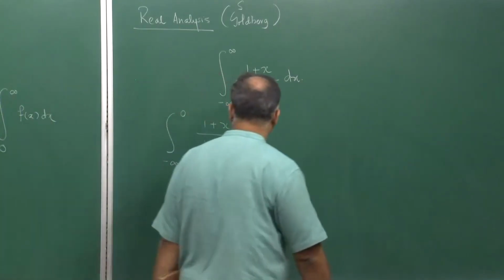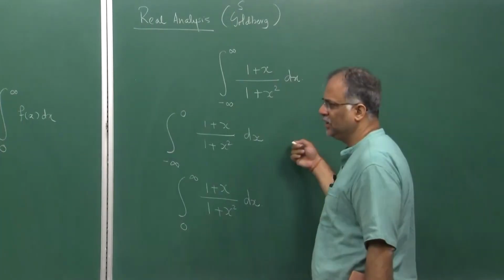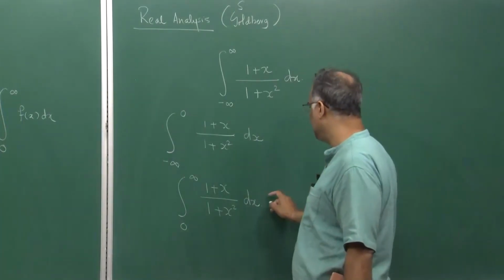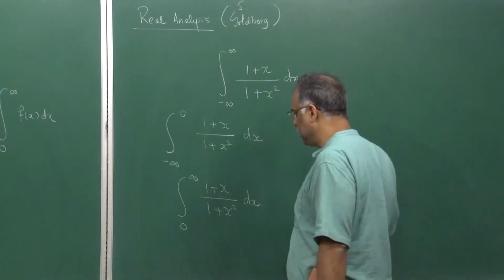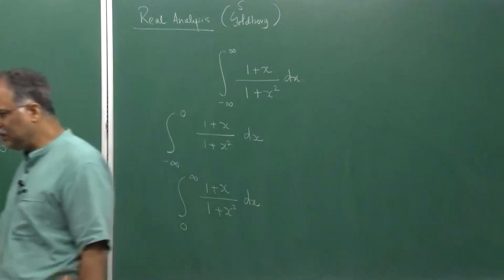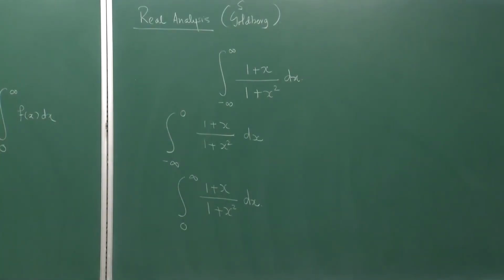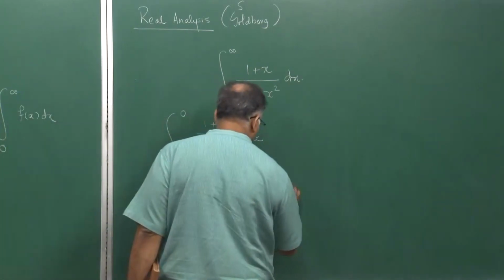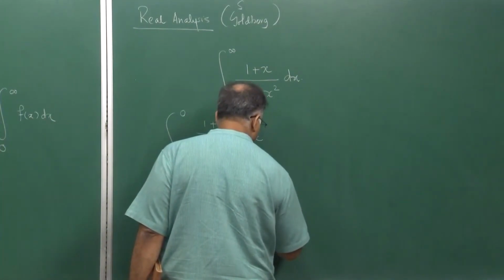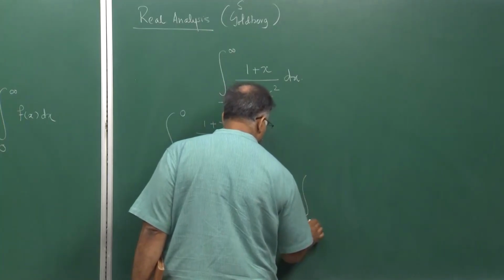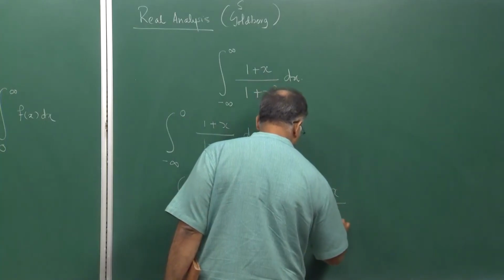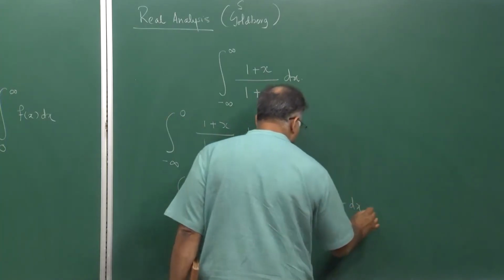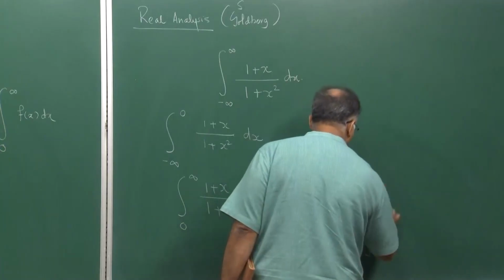If you work them out in the standard way, taking the limit as a tends to infinity of the integral from 0 to a of (1 plus x) by (1 plus x squared) dx, then you will quickly realize that this will really not work. For example, if you write this as the limit of a tends to infinity, 0 to a, you can separately work this out.